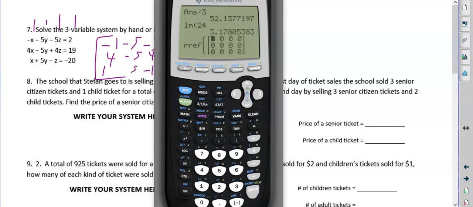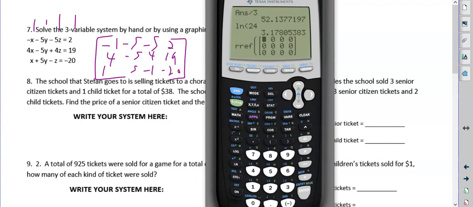And here's my matrix. So I'm going to hit negative 1. Now remember, don't hit enter, just arrow over. Negative 5, I'm double checking as I go. Negative 5 and 2. Don't hit enter. Just arrow down. I can arrow over also. 4, arrow over.